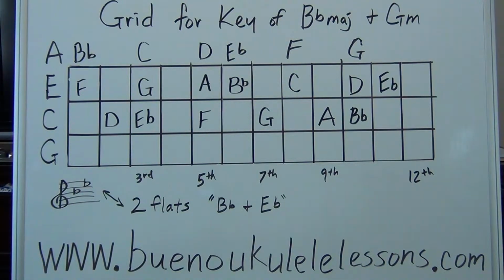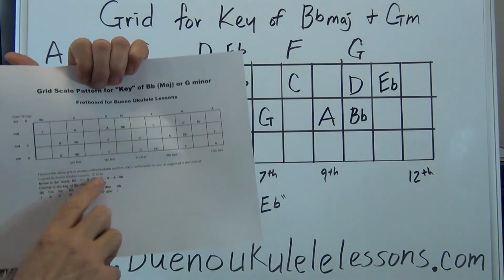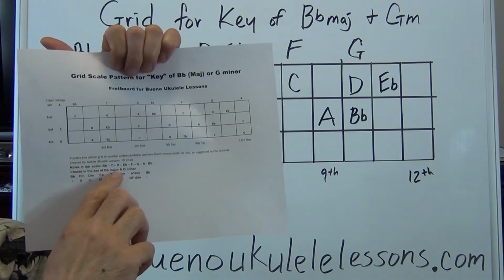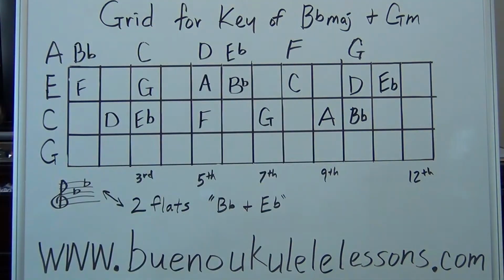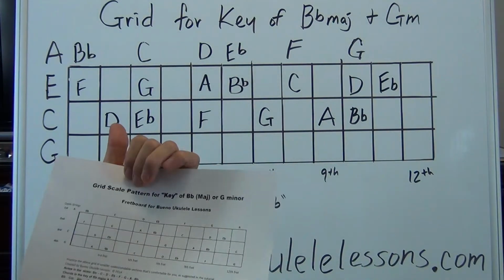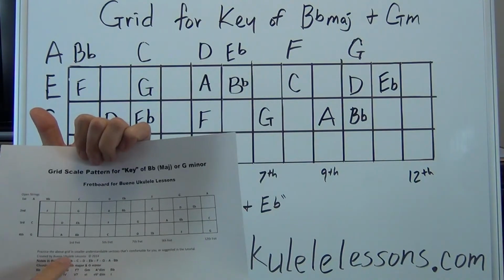Okay, so once again, we talked about the family of chords down here at the bottom of your paper and working in conjunction with the entire grid. At this point, you should have a fair understanding of how it works.